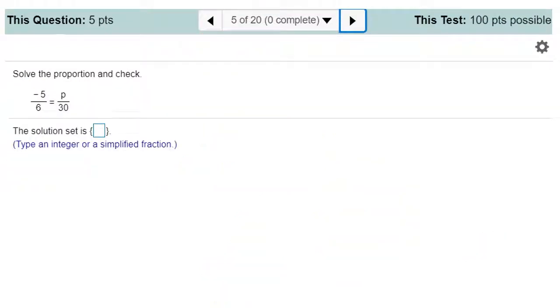In question 5, we're told to solve a proportion. If you recall, with a proportion, you will cross multiply, then solve. When I cross multiply the negative 5 times the 30, we will get negative 150.